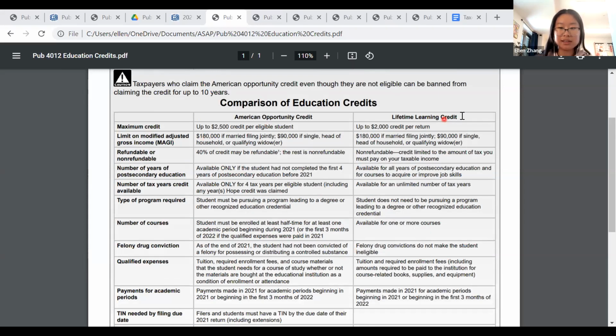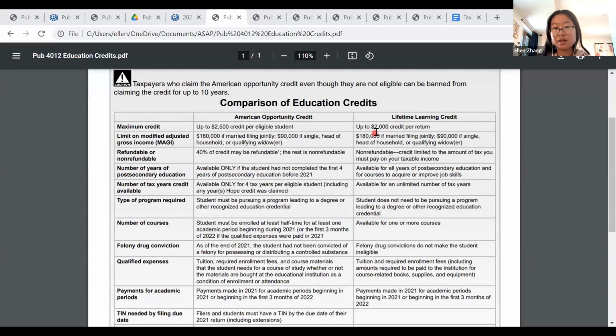Let's go ahead and look at the Lifetime Learning Credit, which is very similar to the American Opportunity Credit, but slightly less advantageous to you. The American Opportunity Credit is definitely better, but the Lifetime Learning Credit also has its perks. So it does have less credit per return.